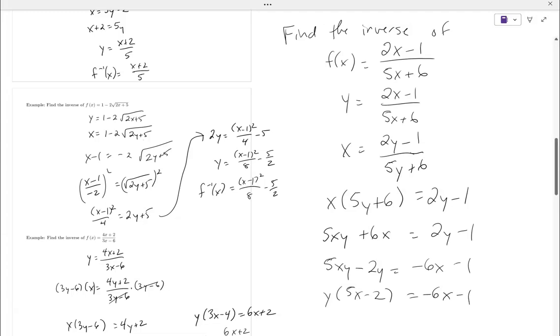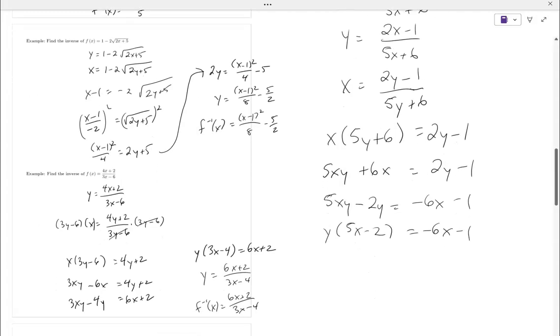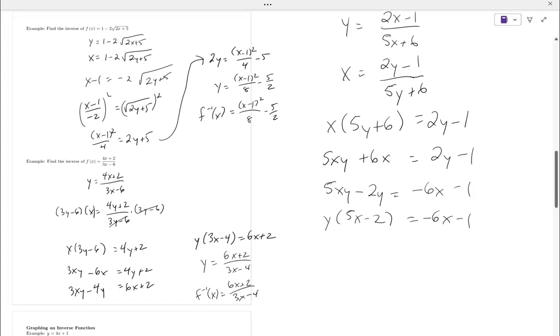Factoring the y out gives us y times 5x minus 2 in the parentheses, equals negative 6x minus 1. Finally, we can divide both sides by that 5x minus 2. And this now is our inverse function.